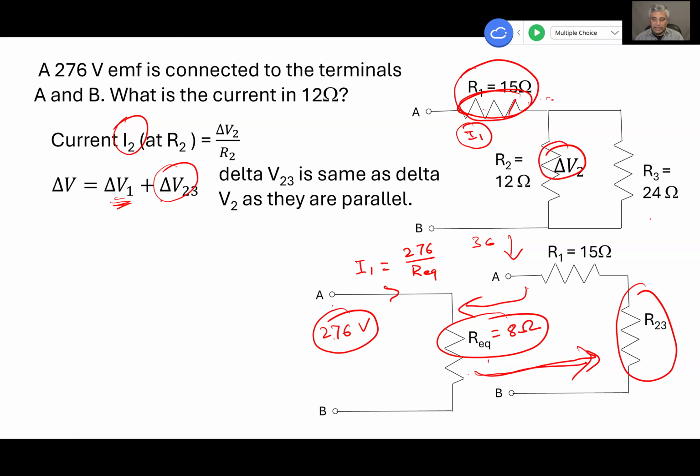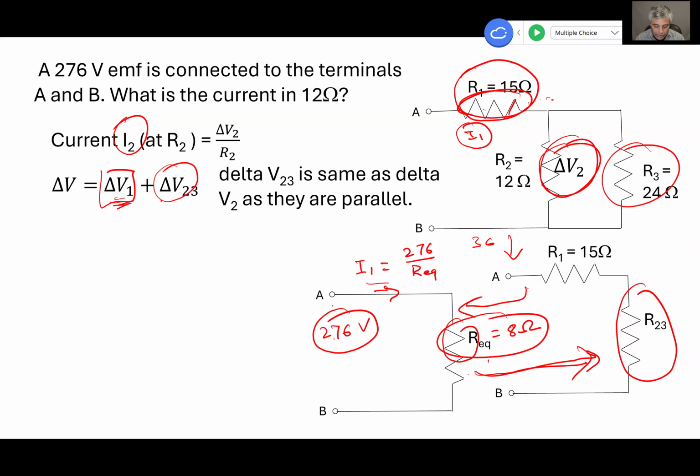So it kind of goes in a cycle, because we first went through this to find this. Once we have that, we have this delta V1. So to find delta V2, that's going to be the same as delta V23 because these two are in parallel, okay?